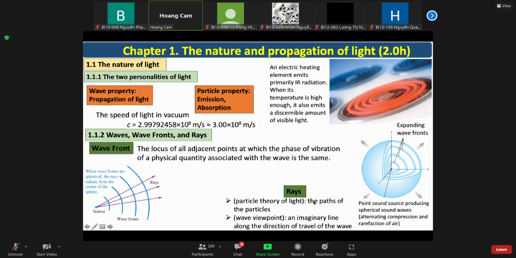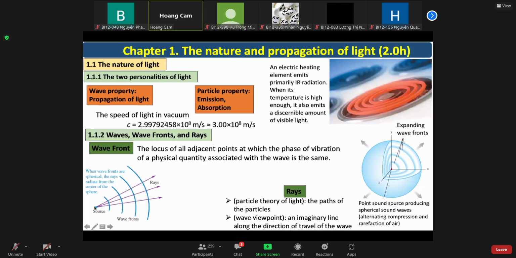They are imaginary lines, like what you use when you describe the electric field and want to show the electric field lines. For the wave viewpoint, rays are the imaginary lines along the direction of travel of the wave.